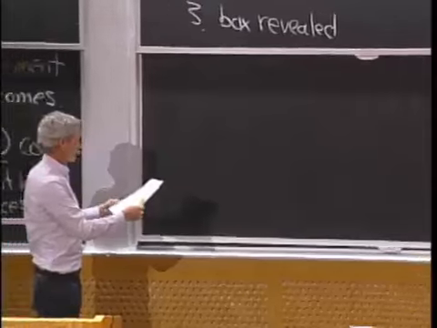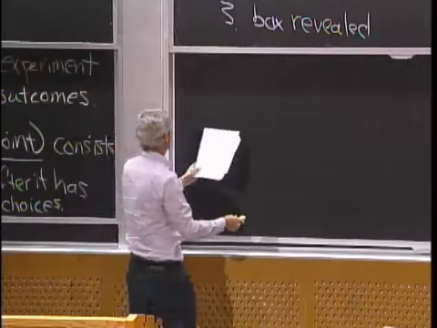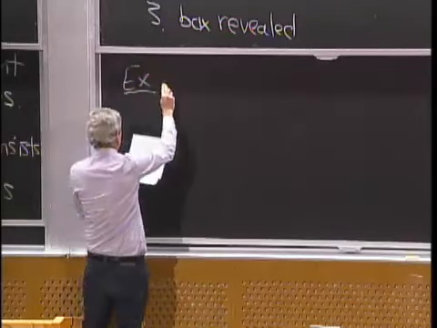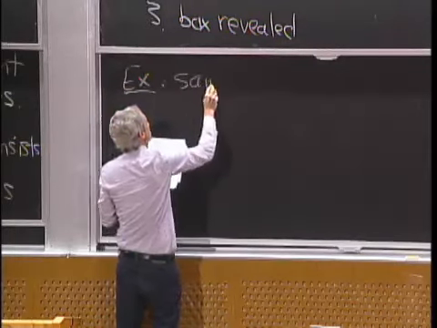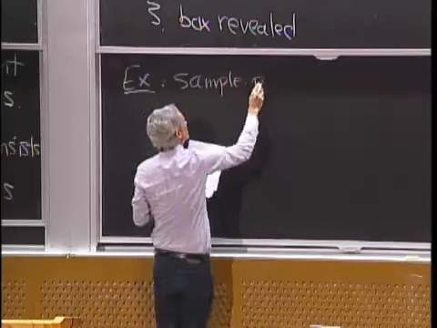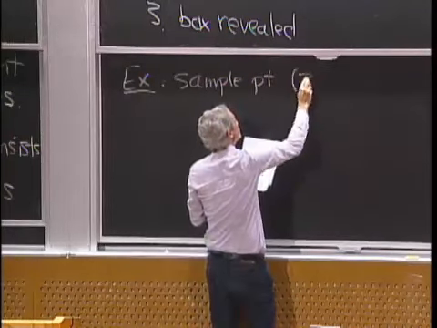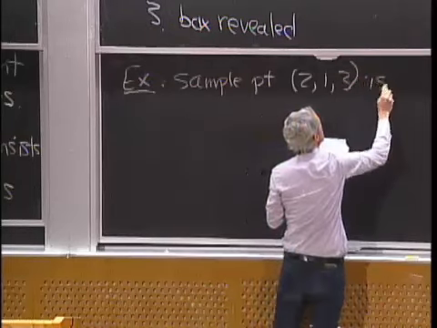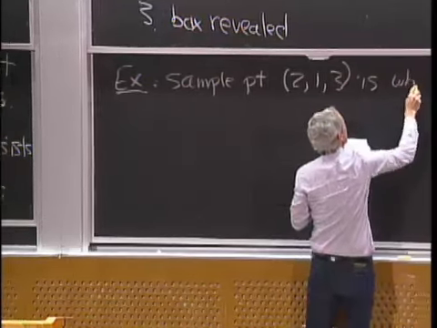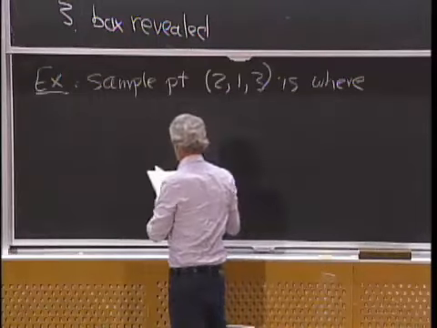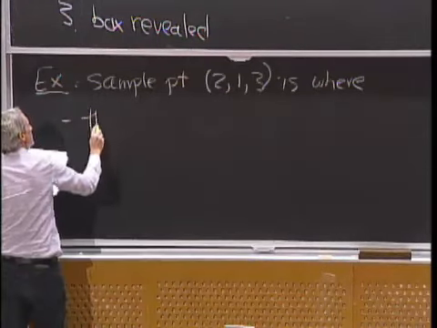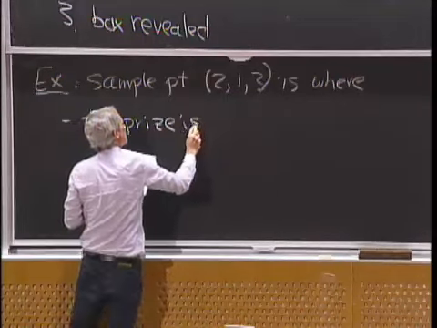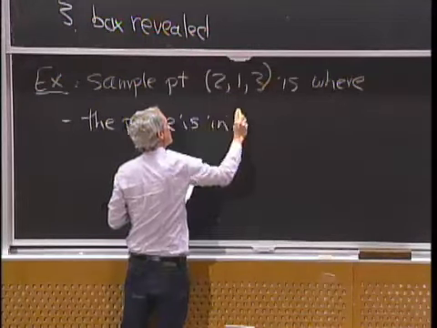All right? For example, let's look at a typical sample point. Say I took sample point or outcome 2, 1, 3. This is the outcome where the prize is in box 2.